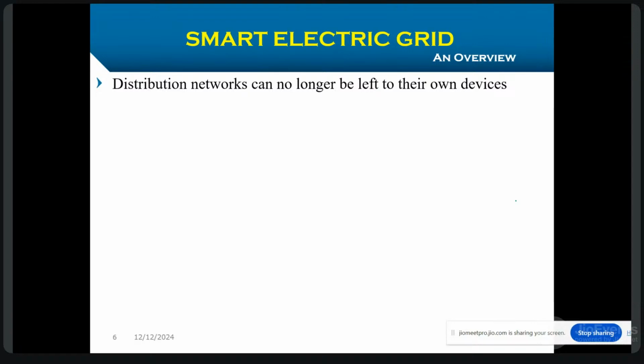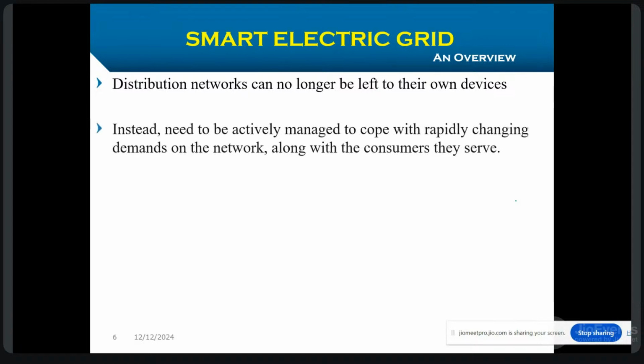Please understand this. Instead, they need to be actively managed, to cope with the rapidly changing demands on the network along with the consumers they serve. So we have to manage different loads actively based on the operating conditions.